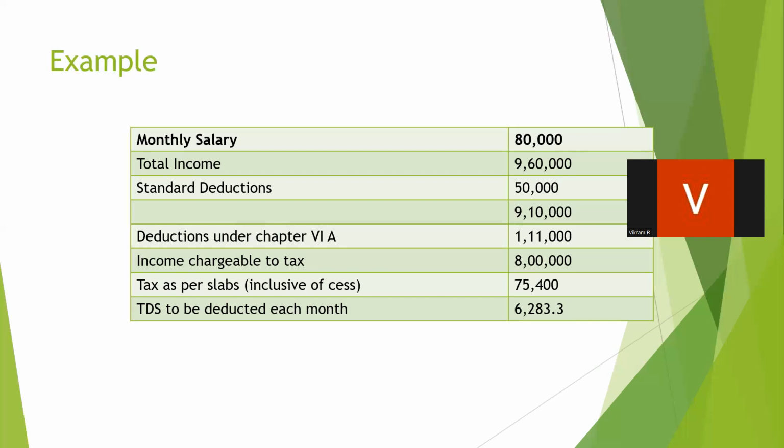I have a doubt. How does the employer know that we have Chapter 6A deductions or any other deductions? For example, if a salaried employee has house property income and is paying interest on a loan for acquiring that house property, then he would be claiming some exemption, right?